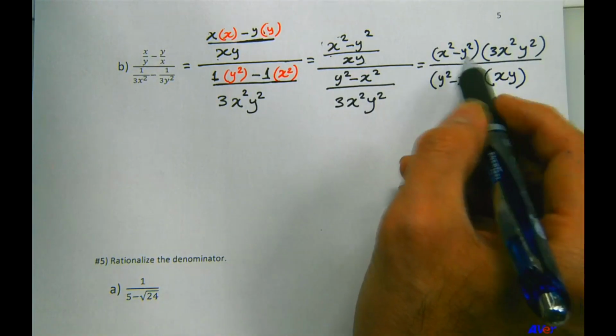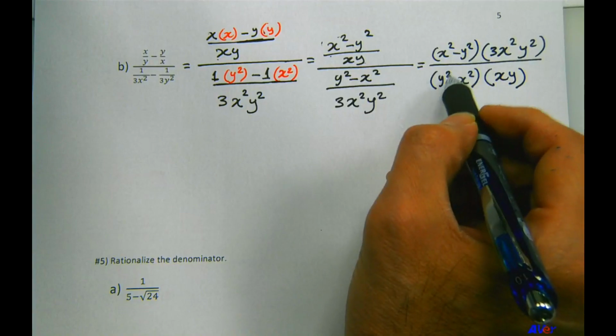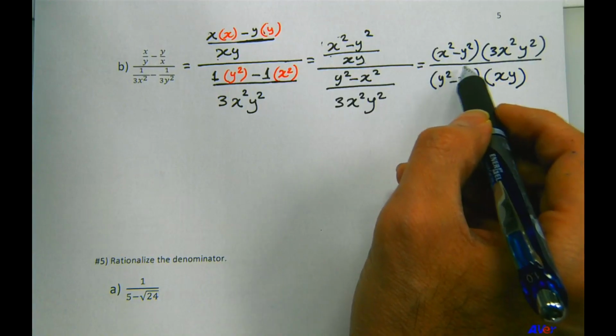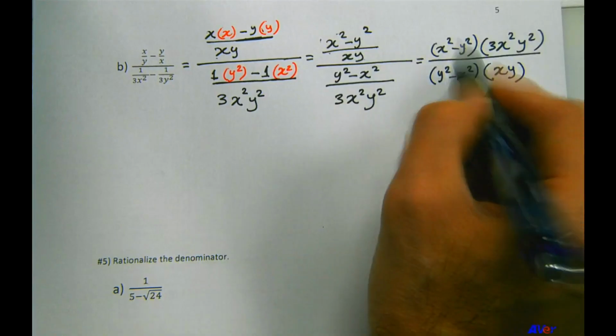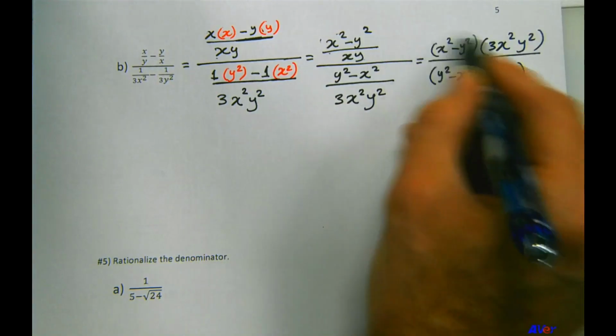So let me factor out negative 1 from the numerator. It makes no difference from which one you factor it, but I'm going to factor -1 from this piece.